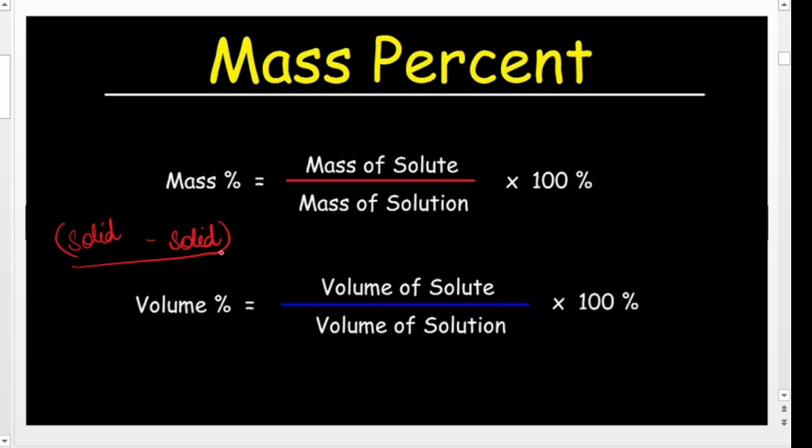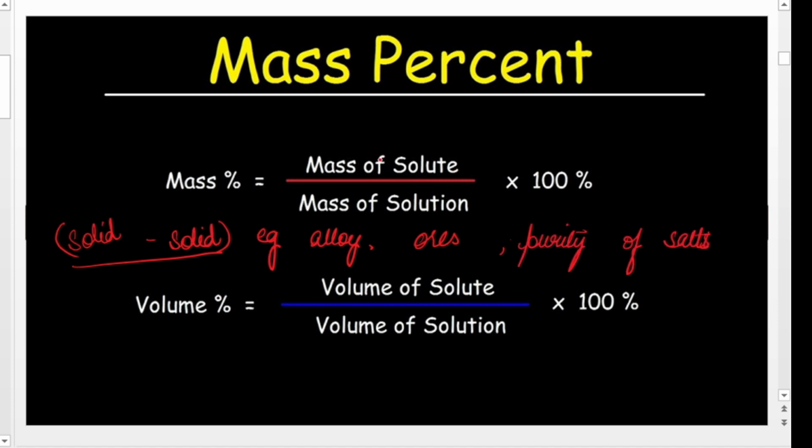For example, you have a mixture made by alloys, or you're mixing two solid things, or ores, where impurities are generally in the form of solids like sand. In such cases, we generally express by mass.